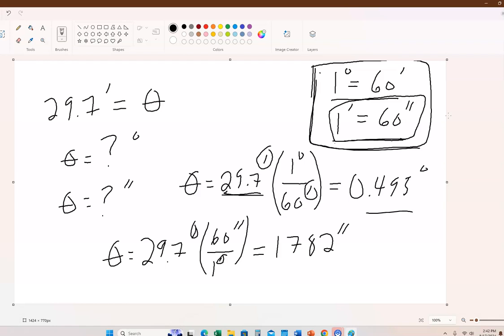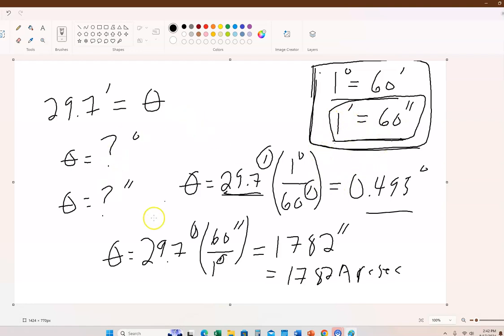You can write it like that, or you can write it like this. Either way is perfectly fine. This is supposed to be an R, sorry, it doesn't look like an R. Arc seconds. So that's some conversions.